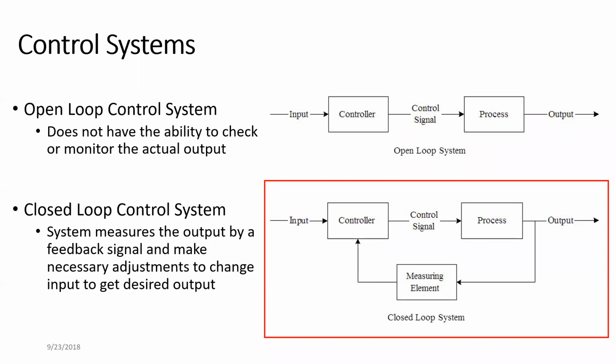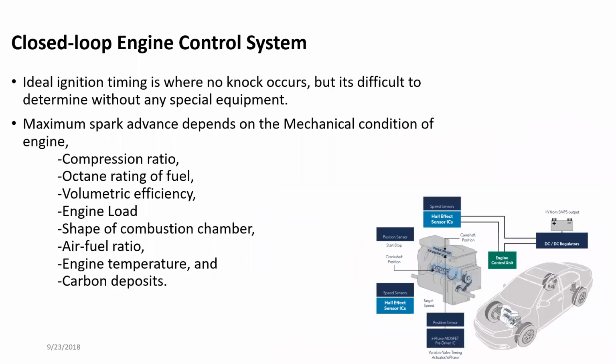Only once the engine comes up to operating temperature will the vehicle management system work as a closed loop control system. We know how the closed loop control system works in the fuel injection system as well as the ignition system. So we discussed this part, right?